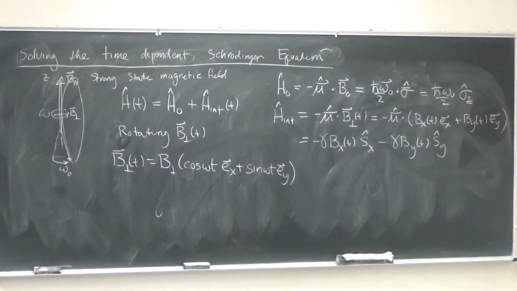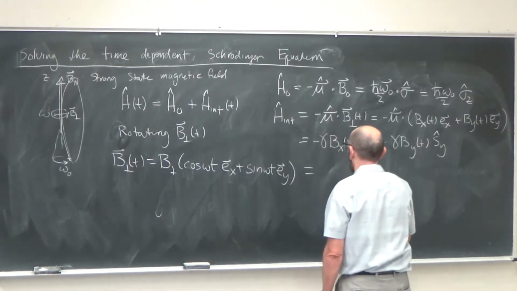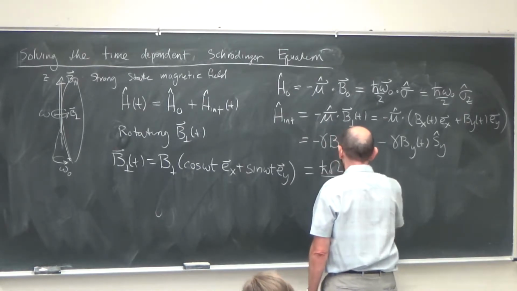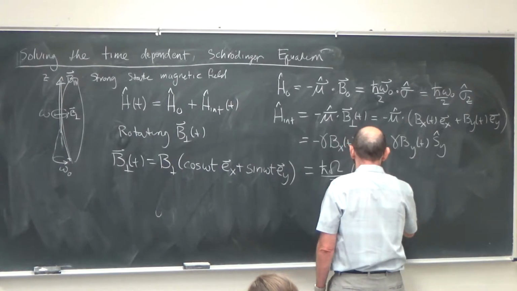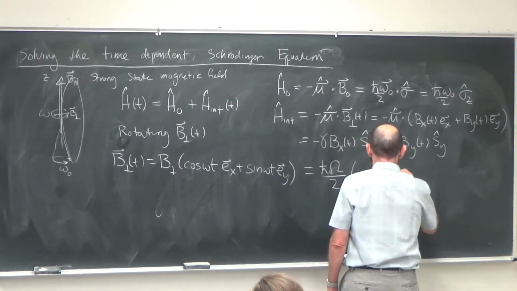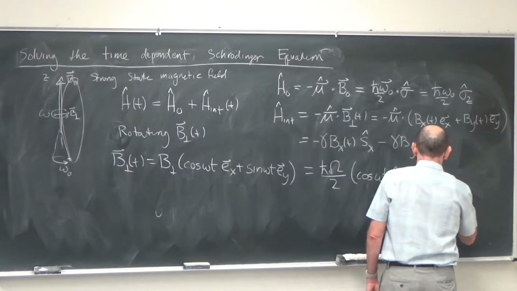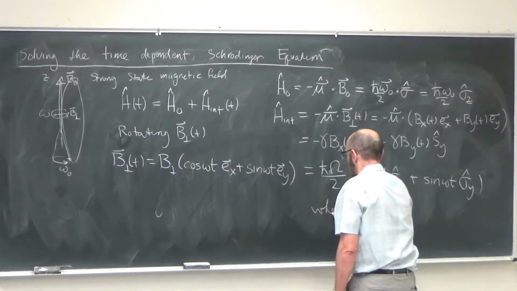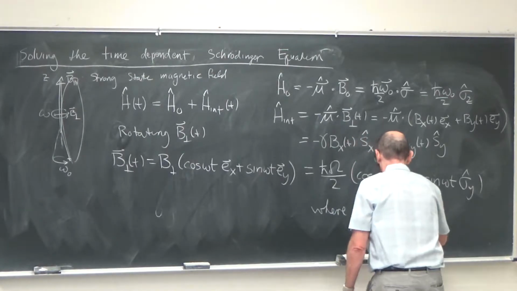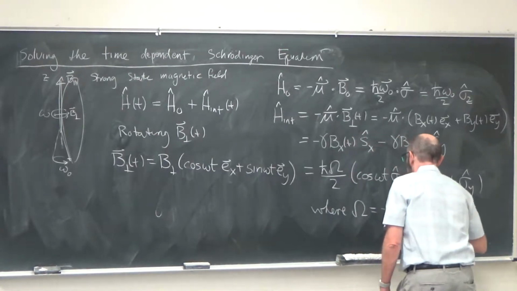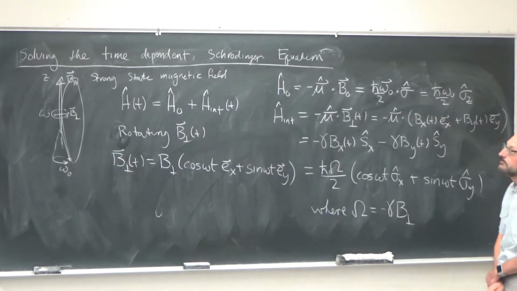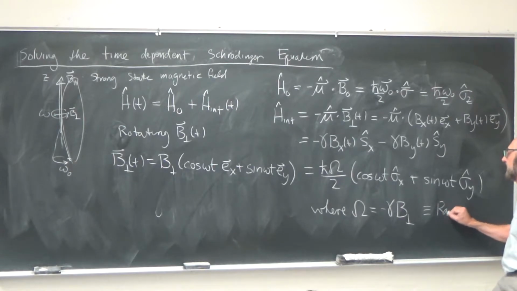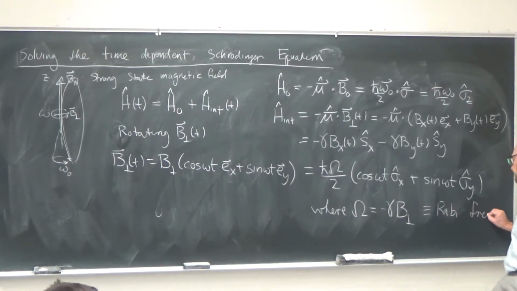So this thing now is equal to h bar times something I'm going to call capital omega, cosine omega t sigma x plus sine omega t sigma y, where omega here is the Larmor frequency in the transverse direction, which is known, as we will see, as the Rabi frequency.